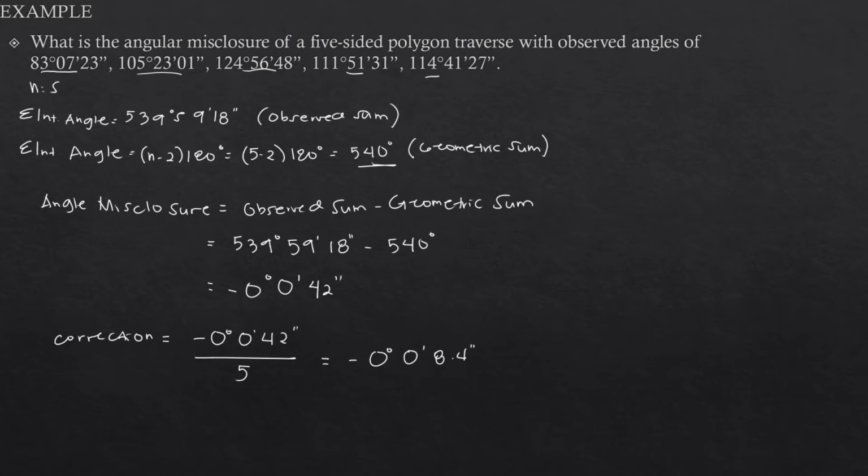Okay. And so, may correction tayo na. So, sulat na lang ulit natin dito yung correction. Negative 0 degree, 0 minutes, 8.4 seconds. So, para ma-adjust natin yung angles ng 5 angles na yun, i-add natin ito.